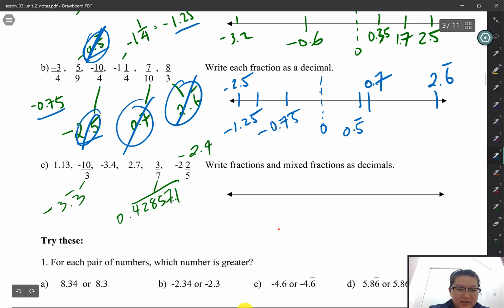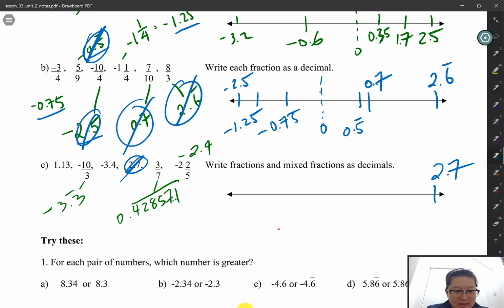All right, the largest number and the smallest number. Let's go. The biggest number is going to be positive, so it looks like it's going to be 2.7. I think 2.7 is going to be the largest, so we can cross that out. The smallest is going to be negative, and there's this one here versus negative 3.3 repeated.